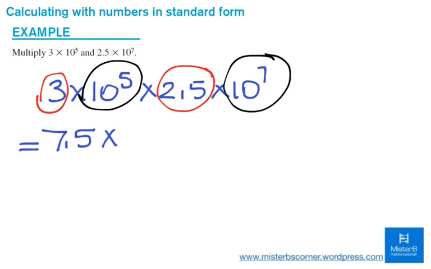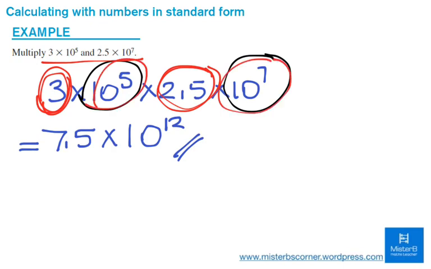Basically, you add the powers, so it's going to be 10 to the power of 12, and we're done. So basically, when multiplying numbers in standard form, you multiply numbers separately, powers separately, and write the answer accordingly. Let's see another example.